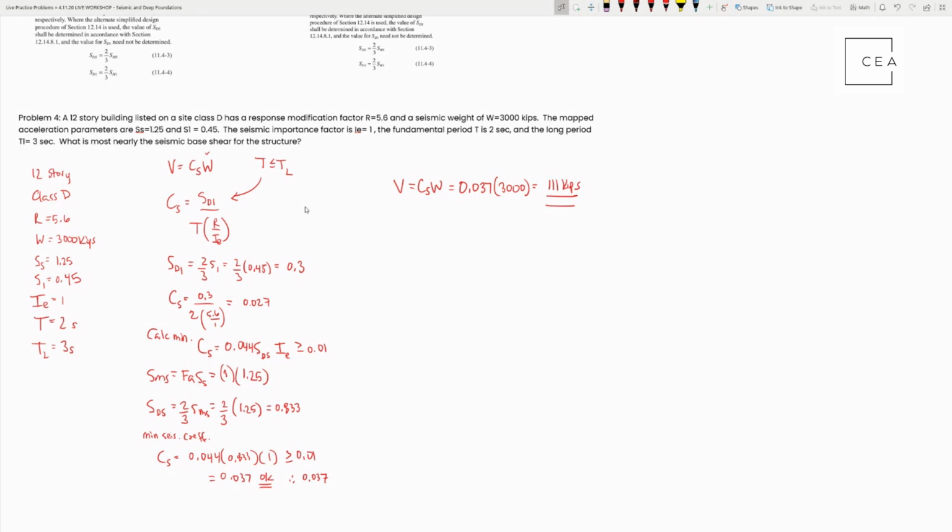So that, my friends, is a quick rundown of using the ASCE 7-10 code, solving for seismic base shear, and seeing how that works. Now, you're getting a seismic base shear at the bottom. Another class, a deeper dive, would be that you could solve for this as it applies to other levels of the building, right?